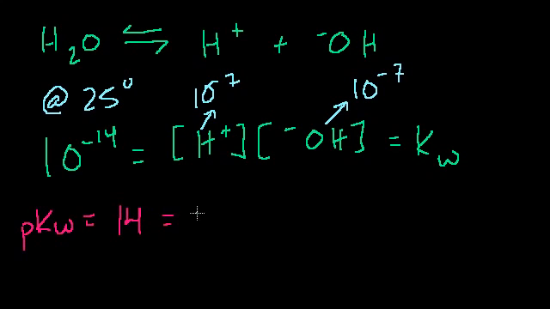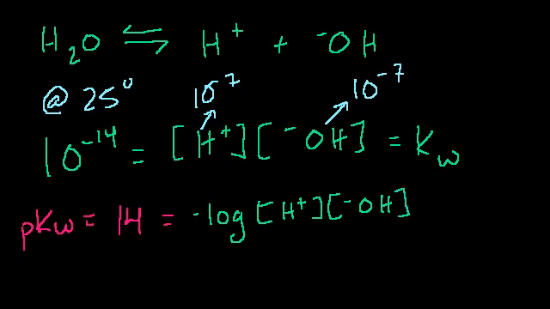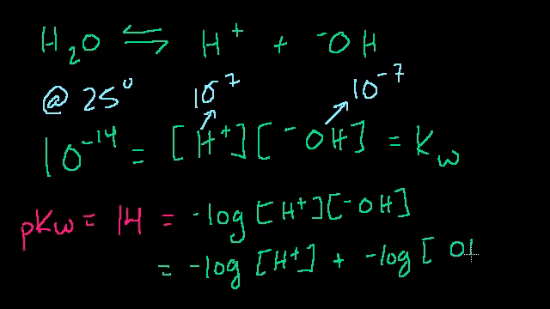This is just logarithm properties. This is more math than chemistry. So the log of H plus times the hydroxide ion, that's the same thing as minus log of H plus, minus, or you could say plus, the minus log of OH minus.